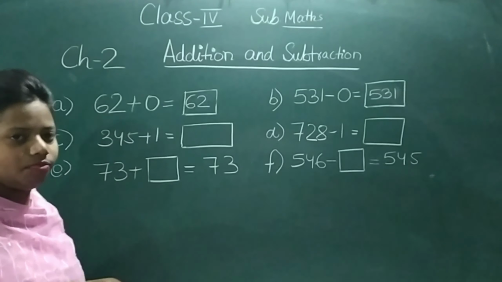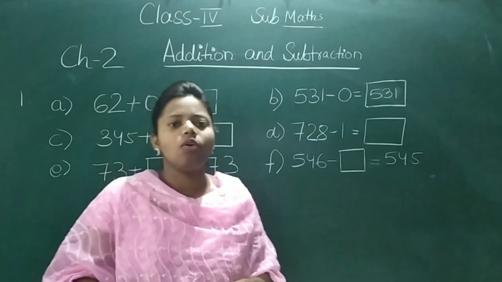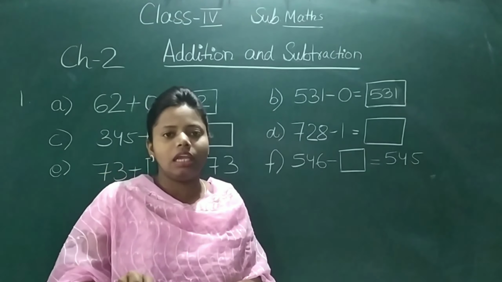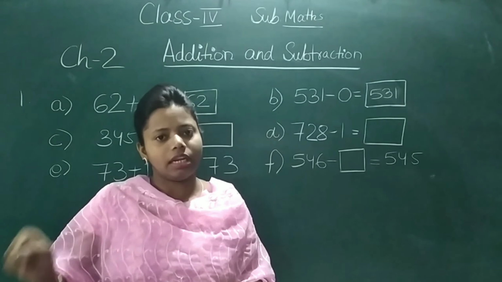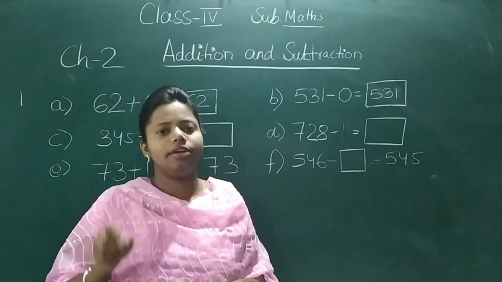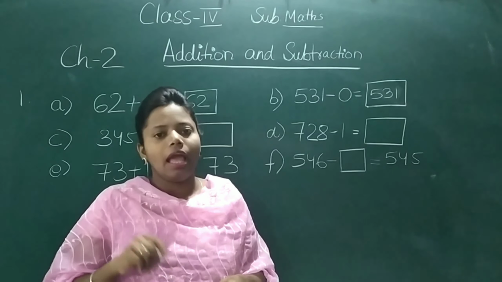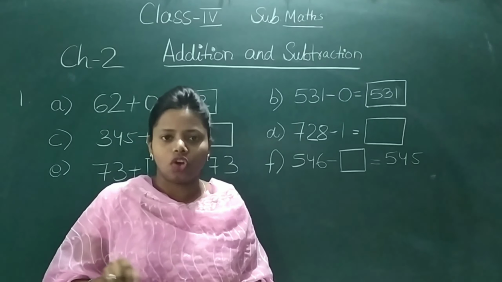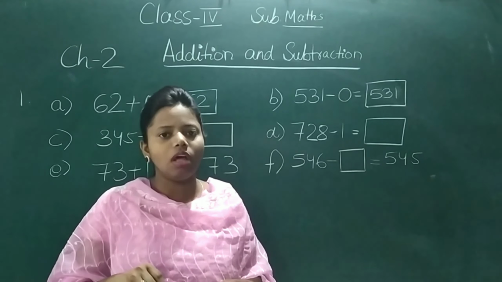345 plus 1. Your father gave you chocolates and you collected them and made it 345. Your mother gave you one chocolate more. So how many chocolates will you have now?